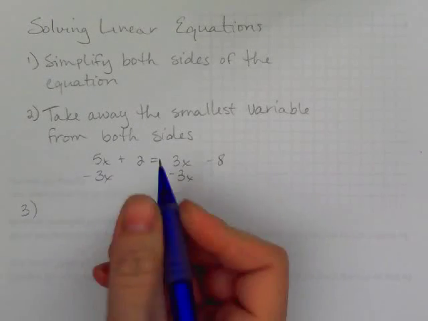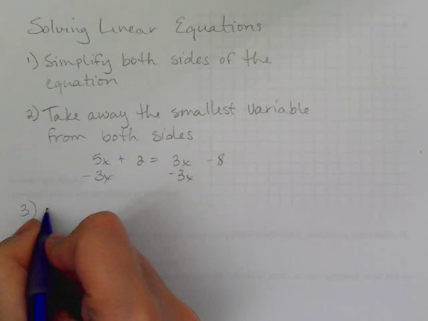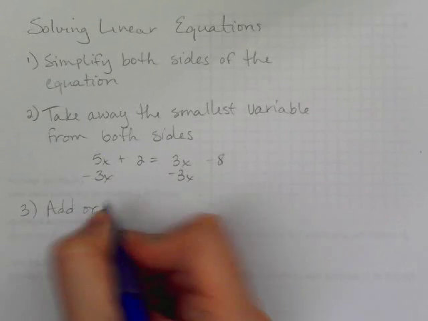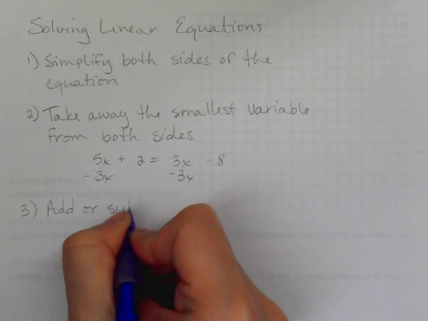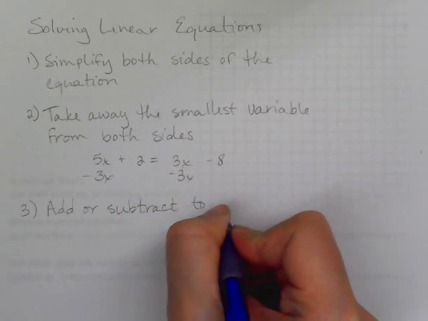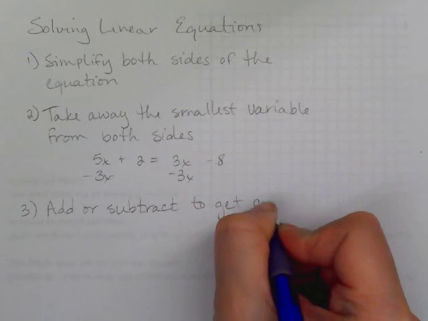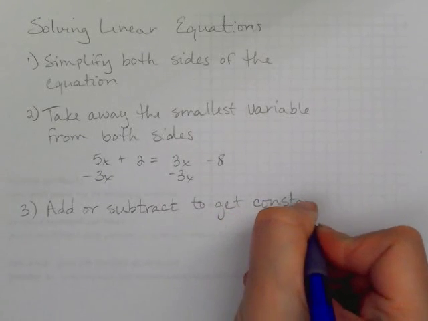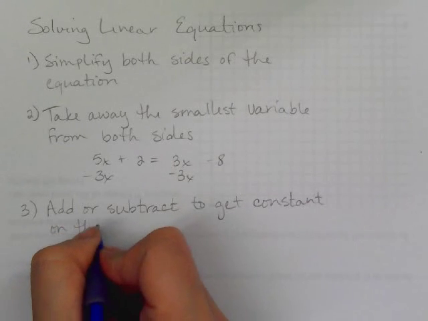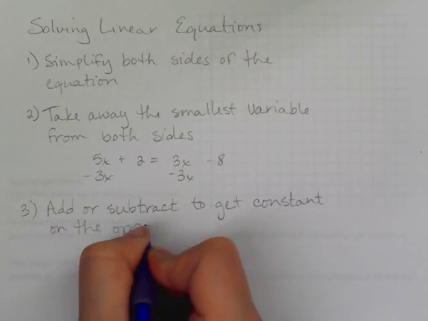If I go from there, after that, I am going to add or subtract, depending on what my original problem is, to get the constants on the opposite side of the variable.